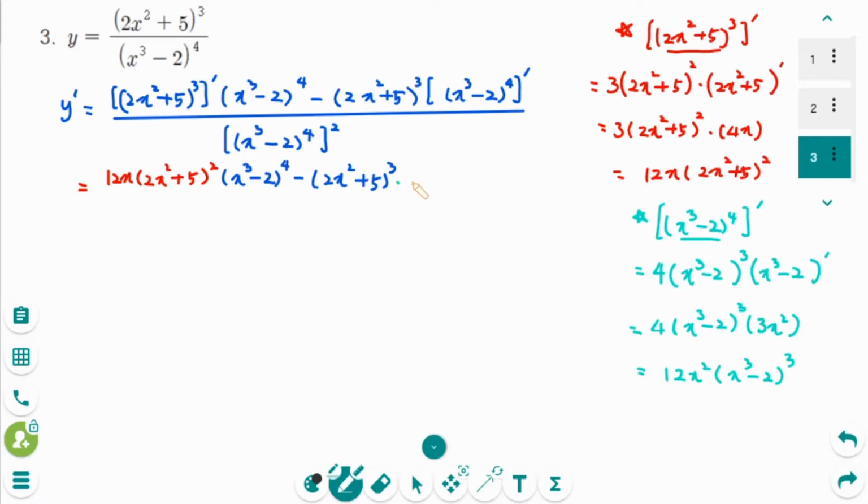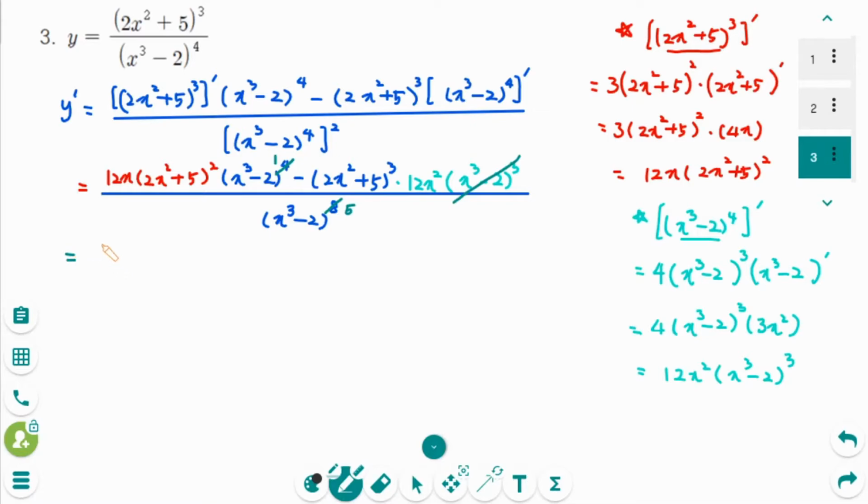Then back to the original, 12x² times (x³ − 2)³ over (x³ − 2) to the power of 8. Divide (x³ − 2)³ on each side, so it cancels. This is only 1 left, this is 5 left.